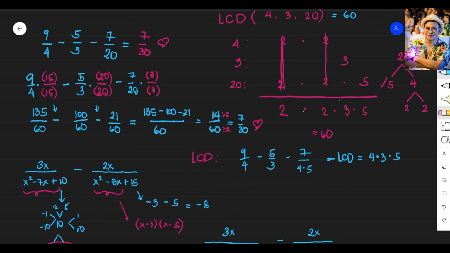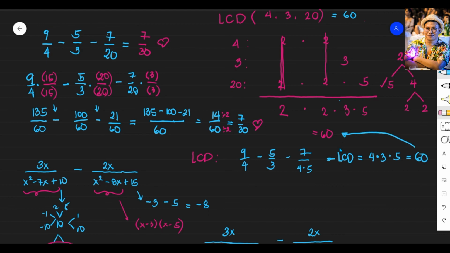There's a twist: if you see a denominator written twice or several times, no matter how many times it is written, you only write it once when you solve for the LCD. So we have two 4s here, I just wrote one 4, and then multiplied by the remaining denominators, 3 and 5. And if we solve this, the result is 60, which is similar to this one here.